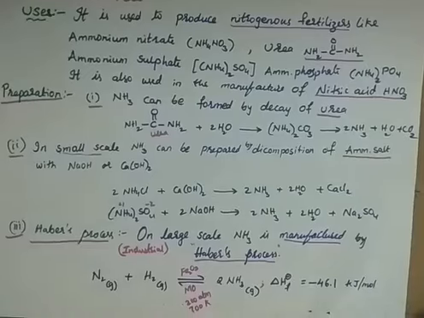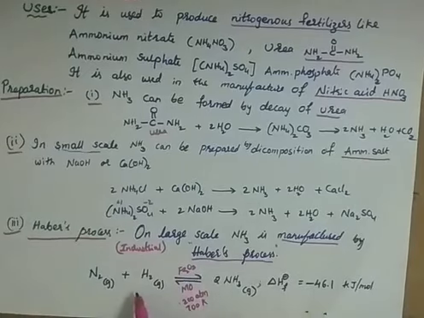So to lessen this reversibility, we use Le-Chatelier's principle. We know what Le-Chatelier's principle is: if any disturbance occurs, the system shifts towards that side in such a way as to nullify the effect. For example, if product concentration is increased, it will go towards the back side.